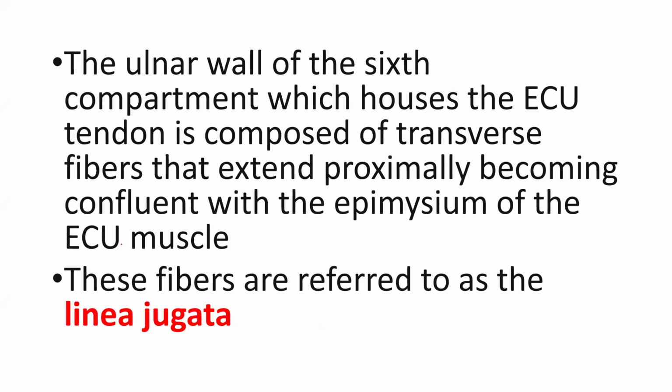The ulnar wall of the sixth compartment, which houses the extensor carpi ulnaris tendon, is composed of transverse fibers that extend proximally, becoming confluent with the epimysium of the extensor carpi ulnaris muscle. These fibers are referred to as linea jugata.